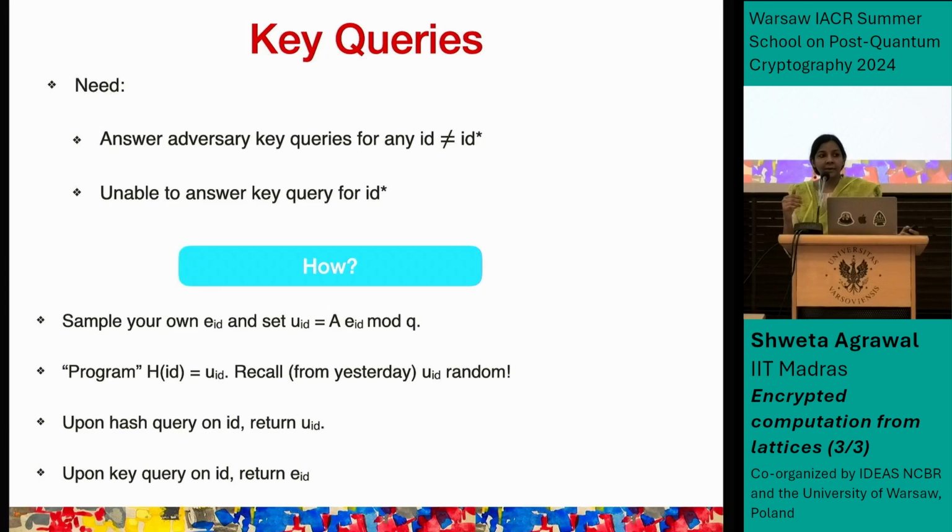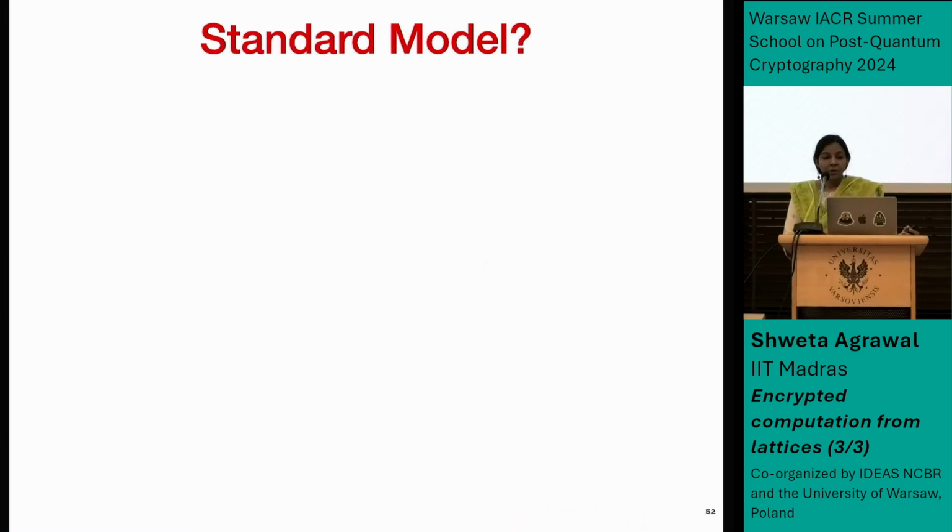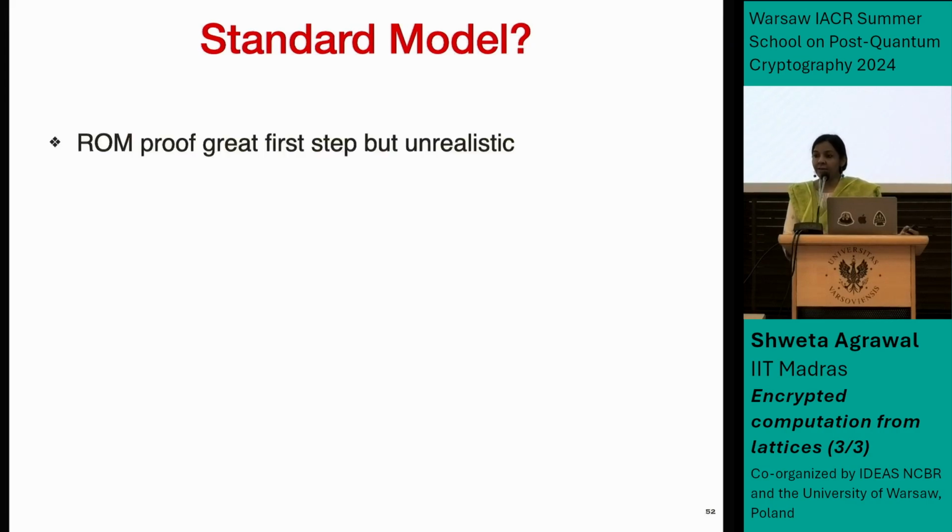Any other questions? Okay, so this was the first construction from lattices in the random oracle model. And what if I don't want to assume the random oracle? The random oracle proof is a great first step, but this is in general unrealistic.